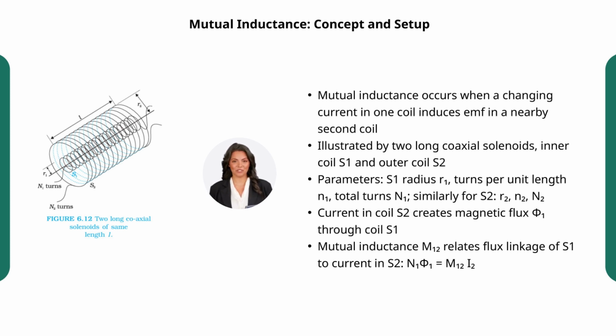This flux linkage relates linearly to the current I2 in coil S2, with the proportionality constant named M12, the mutual inductance of S1 with respect to S2. The equation N1 phi1 equals M12 times I2 expresses this elegant relationship.